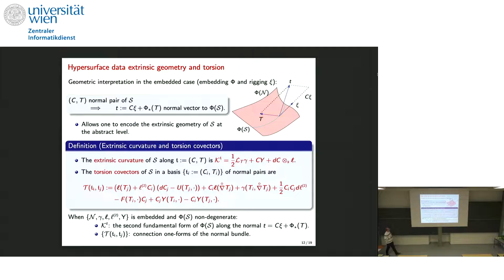Again, the explicit form doesn't matter. What matters is that when this data is actually embedded in the sense I was mentioning before, then the image of your submanifold will have second fundamental form precisely K^T along the normal direction T, and we have connection one forms of the normal bundle given by these covectors. Okay, so you are encoding this ambient information at the abstract level.